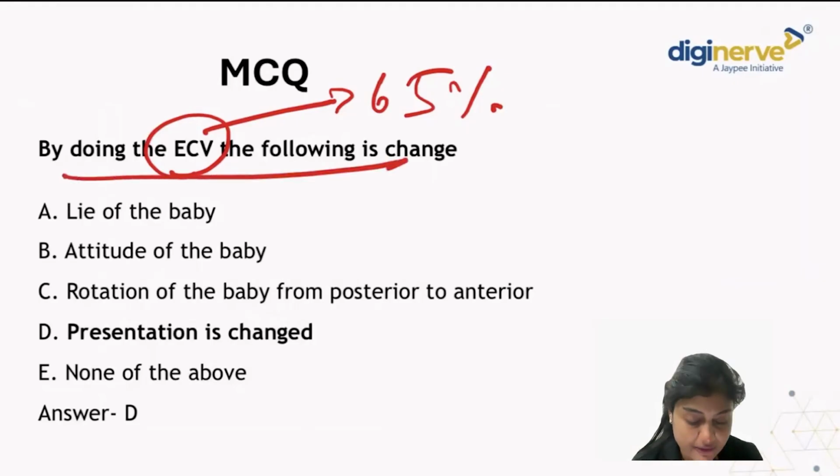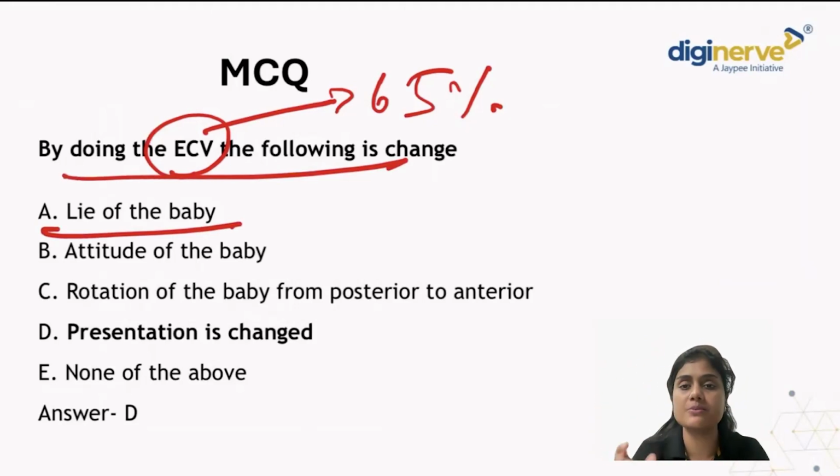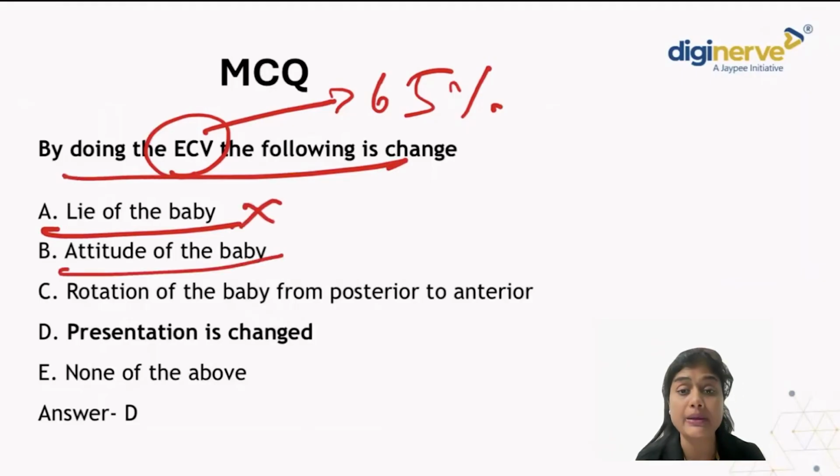So by doing ECV, that is your external cephalic version, what will happen? It will push the buttocks up and bring the head down. So will the lie of the baby change? Previously it was longitudinal lie. Now also it is a longitudinal lie. We have just replaced the buttocks and head positions. That's all. So this is wrong. Attitude of the baby. Attitude means relationship of one part to itself.